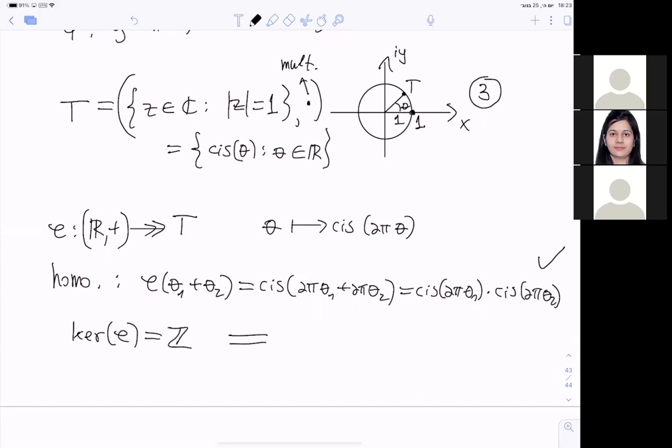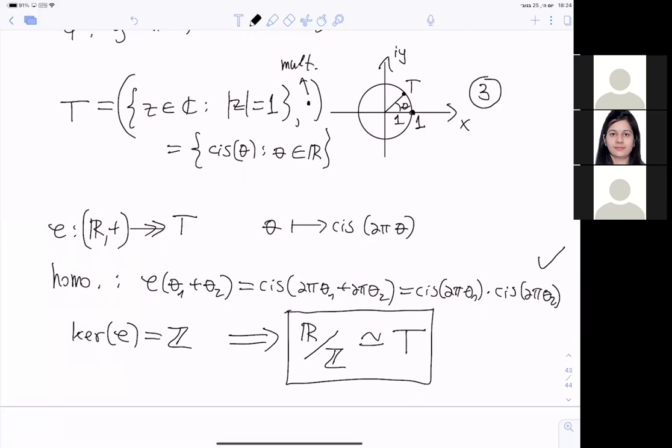So by the first isomorphism theorem, we can deduce that R modulo Z is isomorphic to the unit circle. Why is it true? Because we took the whole group modulo the kernel.